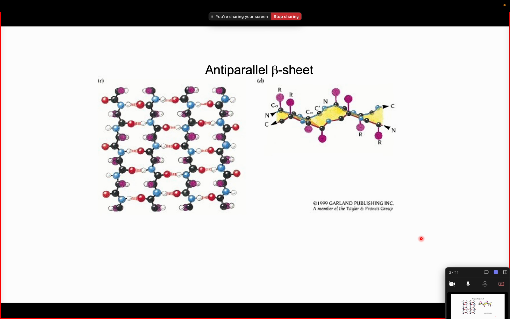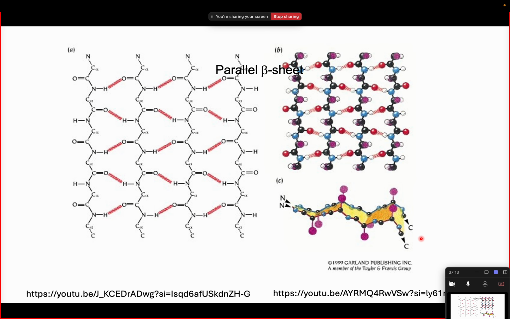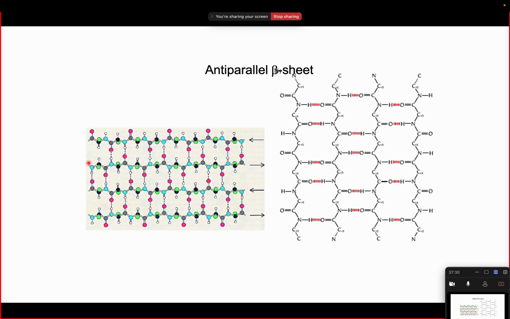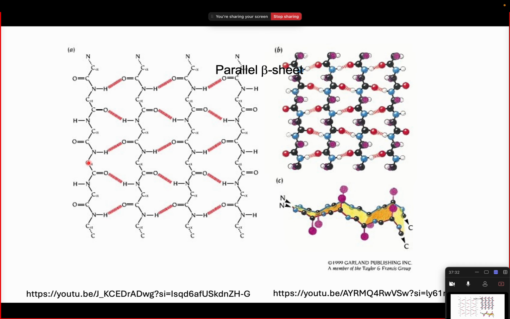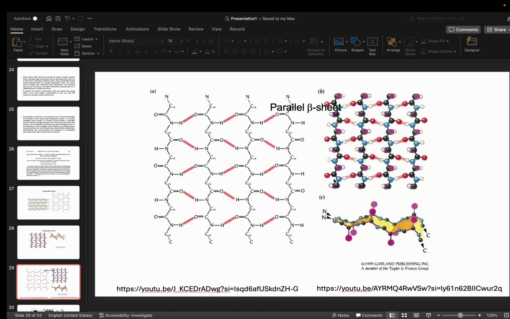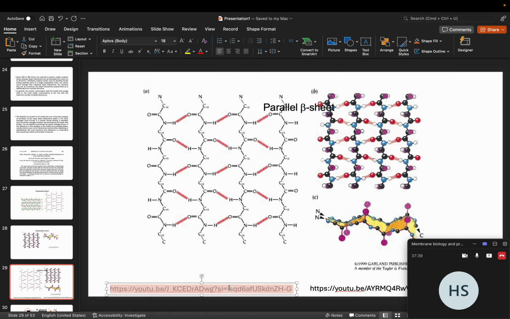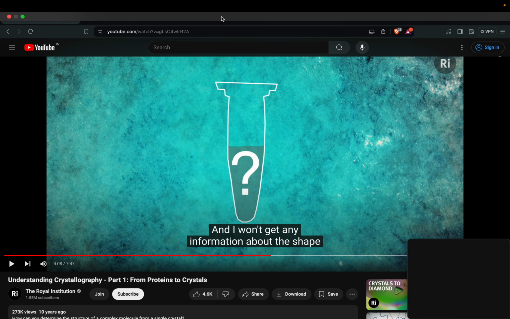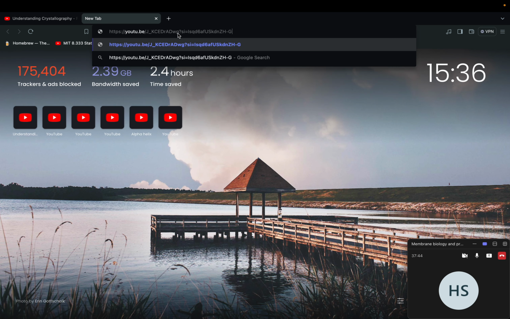There are parallel beta sheets also. If you look at the parallel beta sheets, you can clearly see that their N terminals are in the same direction, but there is some difference in the way that they make the hydrogen bond. In parallel beta sheets, the hydrogen bonds are more extended, while in anti-parallel beta sheets, they are more ordered and oriented. So we'll quickly look at the beta sheets so that we understand more about them and their basic properties.